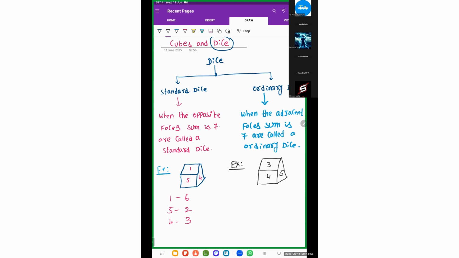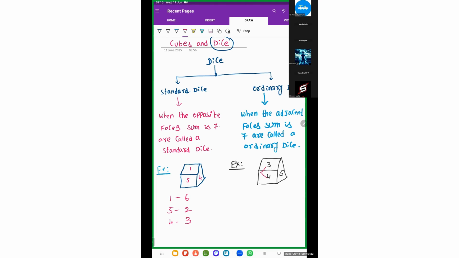Okay, so one more example. Kindly look at this example. If I add the opposite faces or adjacent faces, where will I get 7 here? If I see these two adjacent faces, their sum is 7.